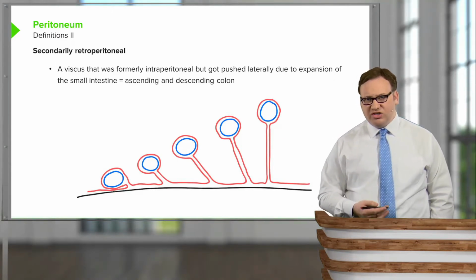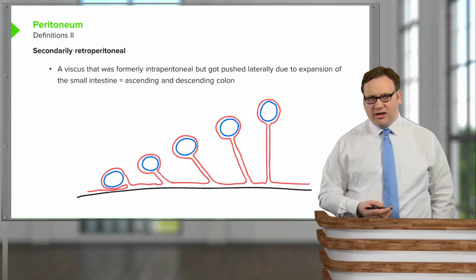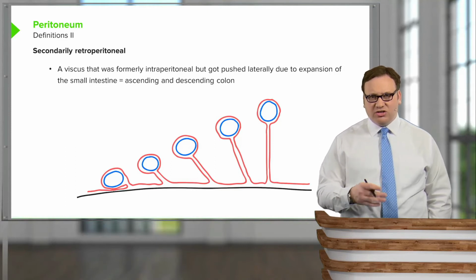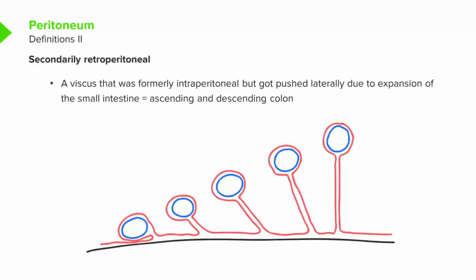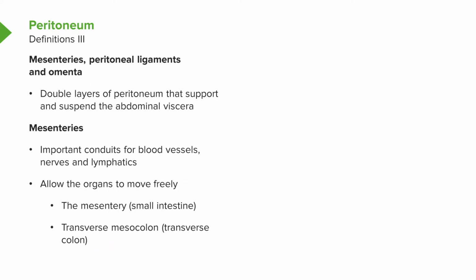These organs originally started intraperitoneal but got pushed laterally due to the expansion of the small intestine, the jejunum and the ileum. So their mesenteries blended with the posterior abdominal wall's parietal peritoneum and became secondarily retroperitoneal. So that's another important definition.